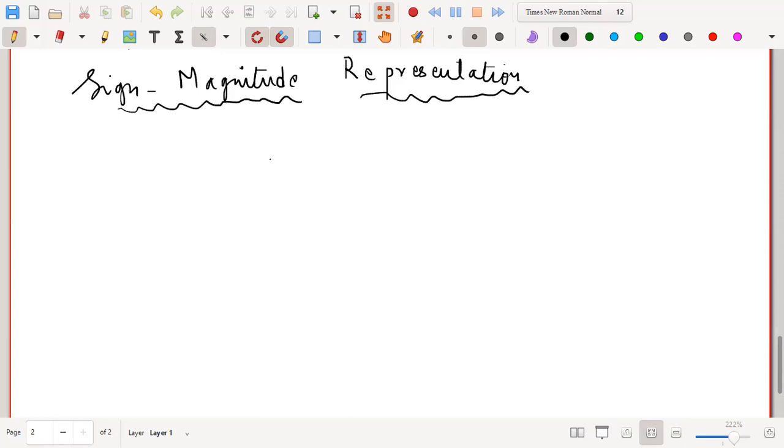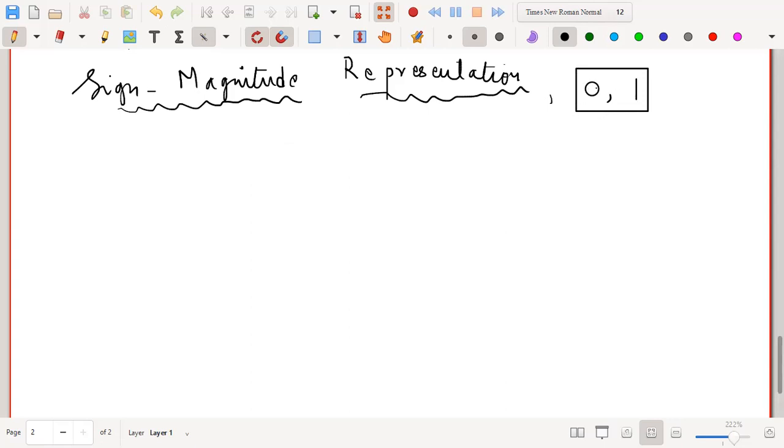As I mentioned, a digital circuit can understand only discrete signals. That is, the digital circuit can understand only zeros and ones. These are the values which the digital circuits can understand. So therefore, what do we need?